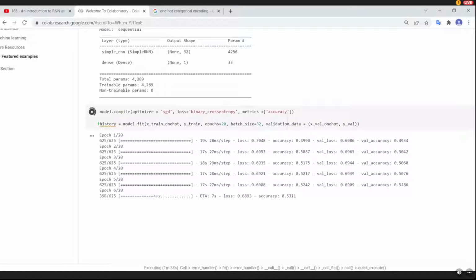So stochastic gradient descent for this network allows us to approach the global minimum gradually. You can see how the loss is gradually decreasing and accuracy gradually increasing.